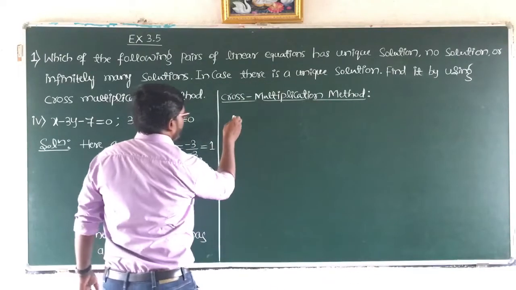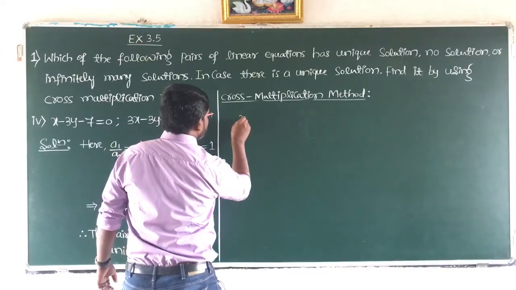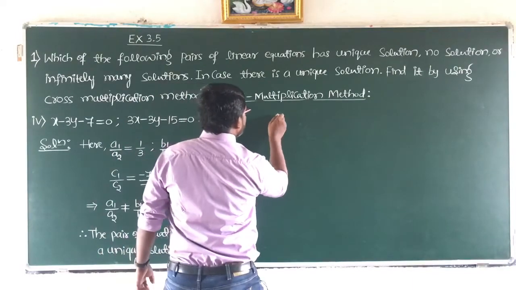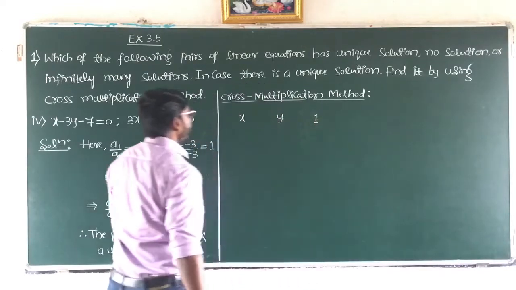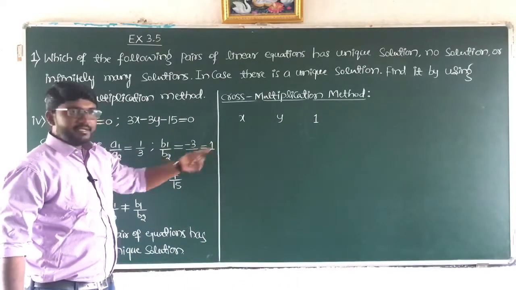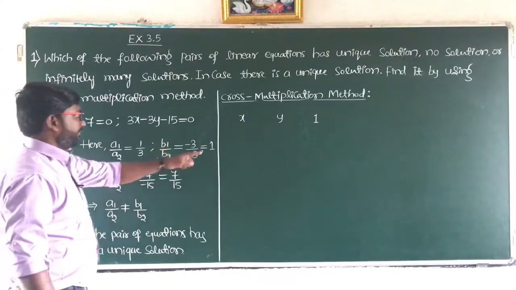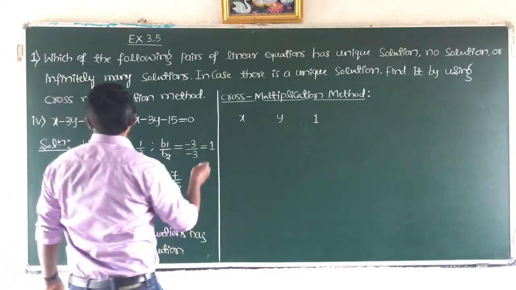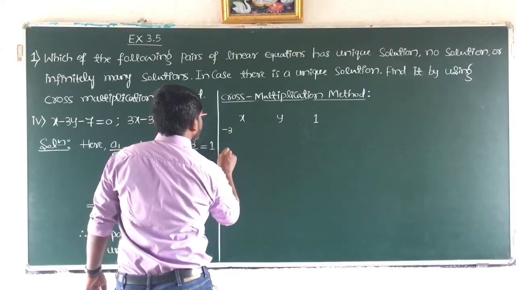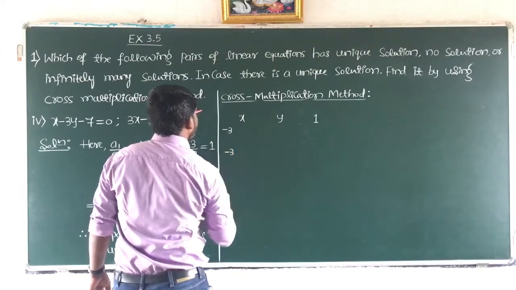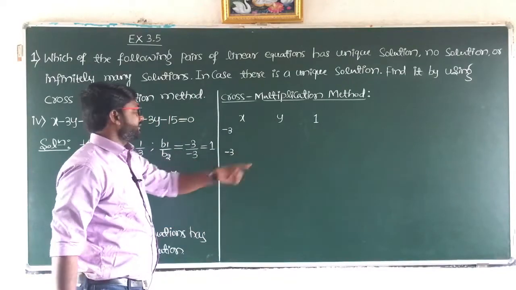So now write x here, and then y, and then 1. So here first we have to write B1 and B2. B1 is minus 3, B2 is also minus 3. Then here we have to write C1, C2.